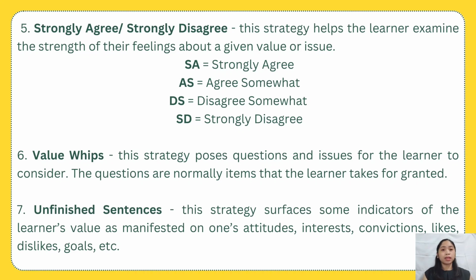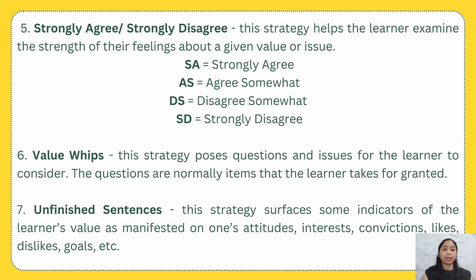To answer this question, you have to follow the instruction that you need to encircle. If you strongly agree, then encircle A, AS as agree somewhat, DS as disagree somewhat, and SD as strongly disagree. So this is useful also in clarification of values.